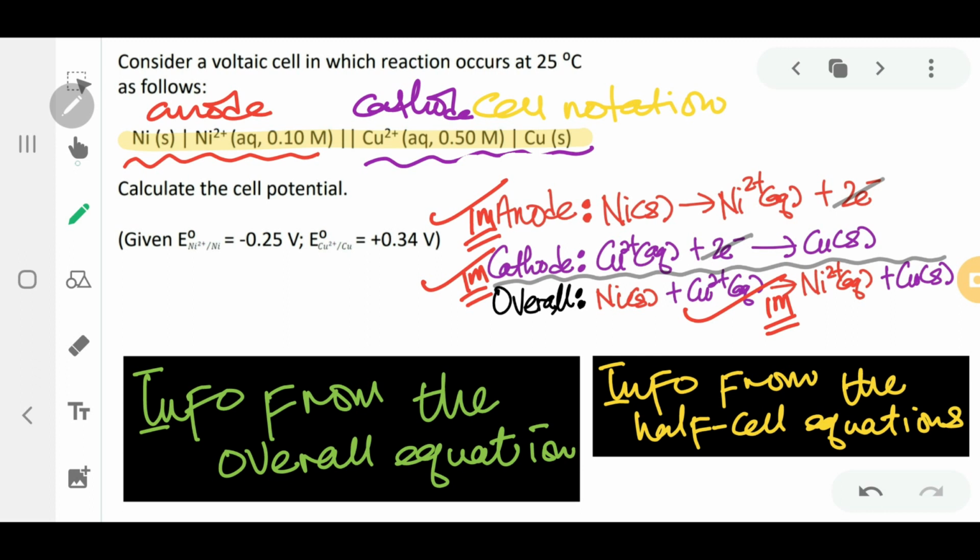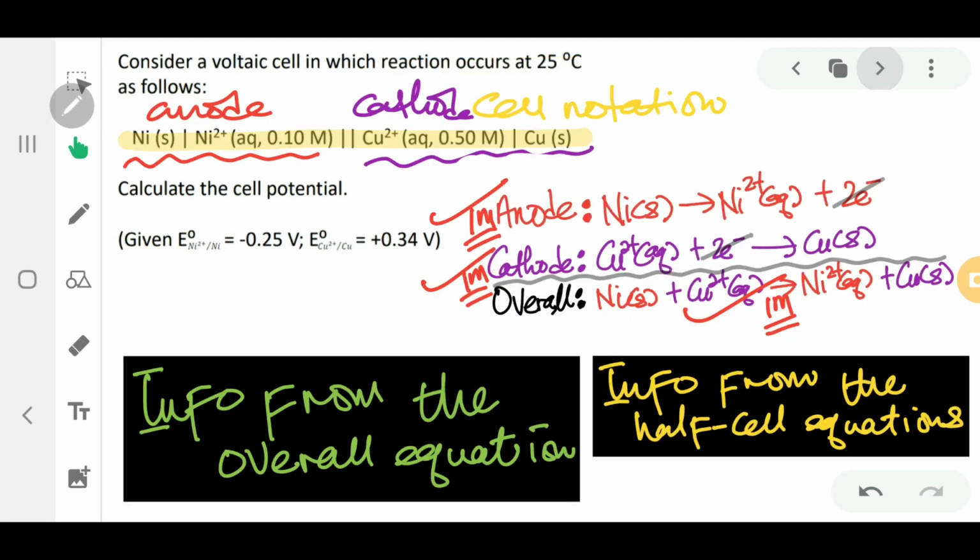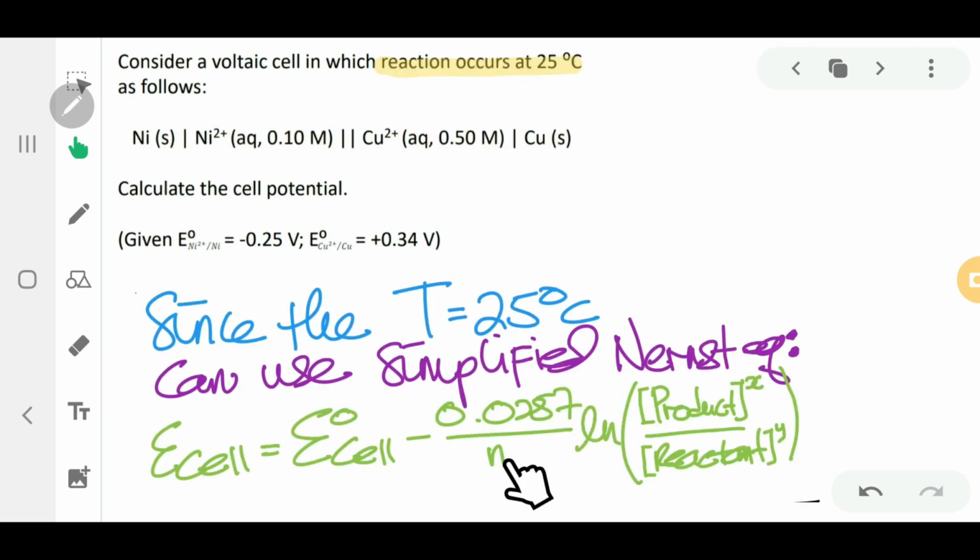The reason why we need to have this information is because we want to know some information from the overall reaction so that you can substitute those into the quotient in here. And then we need to get some information from the half cell reactions so that you will be able to know what n is.